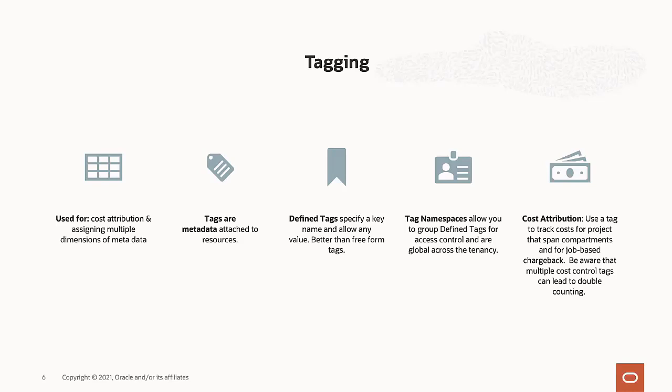But we also have our defined tags, which give you a schema that you can put together and create. Then it gives you more control over your tags and who can manage them and who can use them. We have our tag namespaces, and essentially this is the logical container for your defined tags that you'd set up for IAM and access control. And then you can also set up cost tracking tags to analyze your cost based upon certain tags.